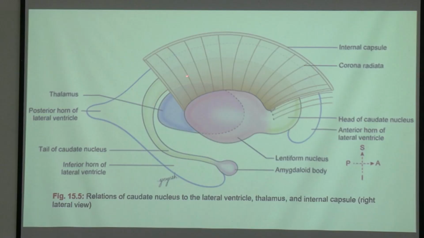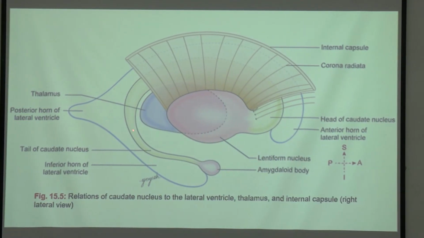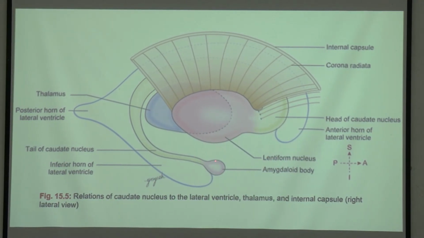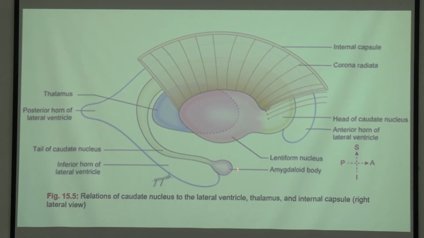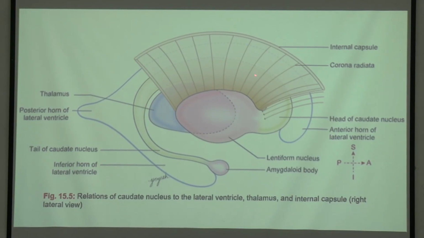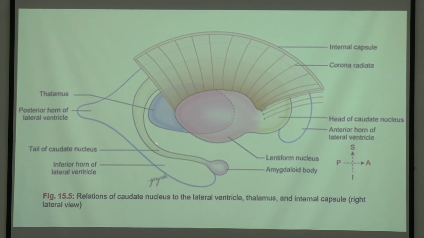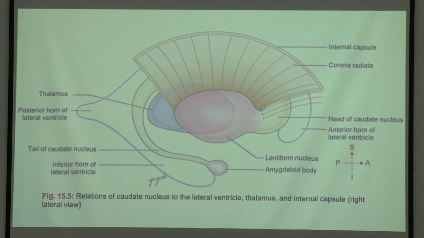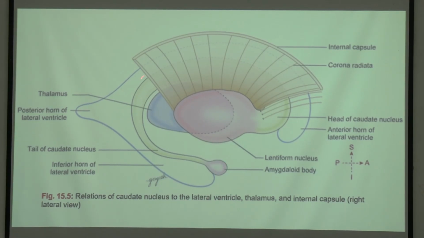It goes behind, and it is then continued as the tail, and ultimately it ends in the amygdaloid body. So the head of the caudate nucleus becomes the body, then the tail, and it looks like a C-shaped area.